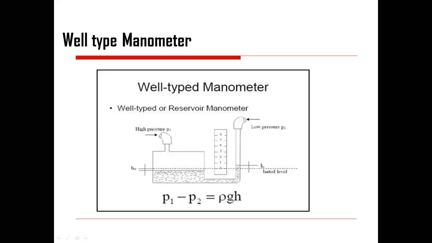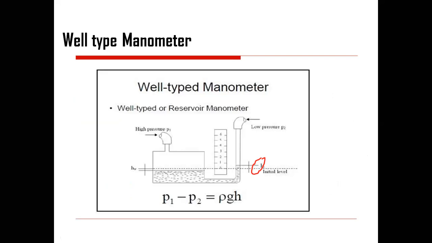The second one is the well type. If you observe the well type, the working is similar, but the variation in the height is very small compared to that of the U-tube manometer. So here we have a well type or reservoir type manometer.